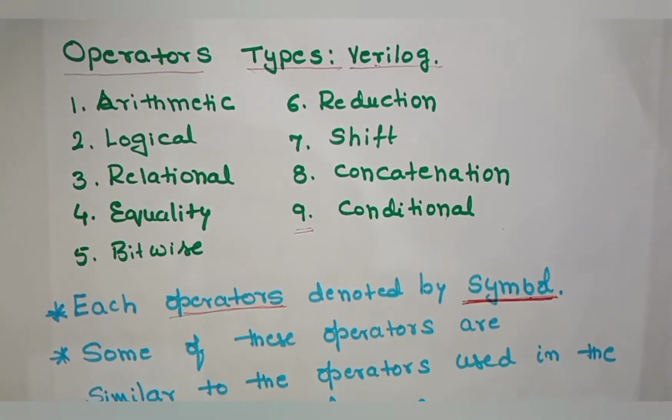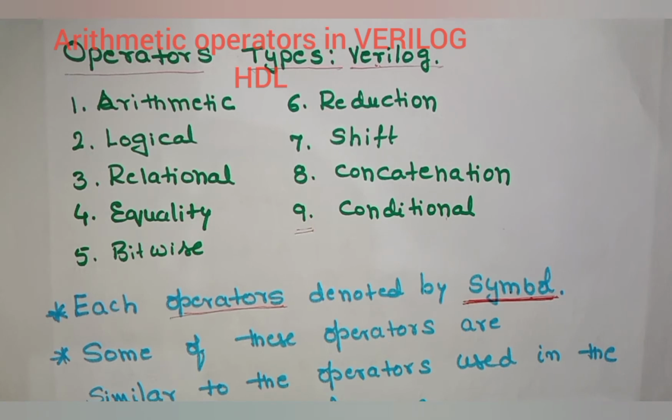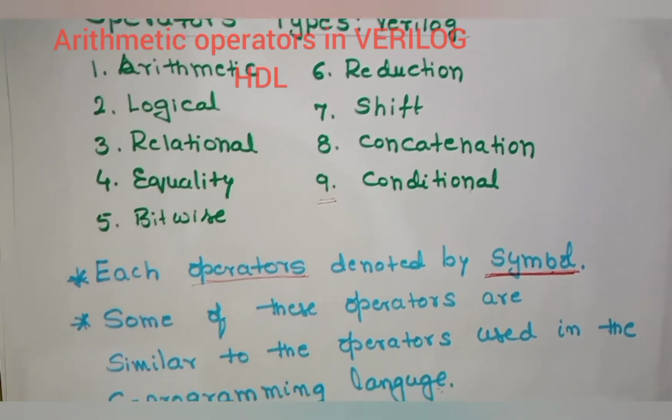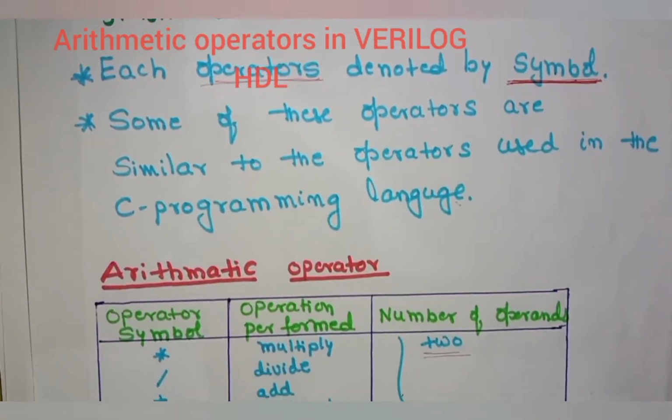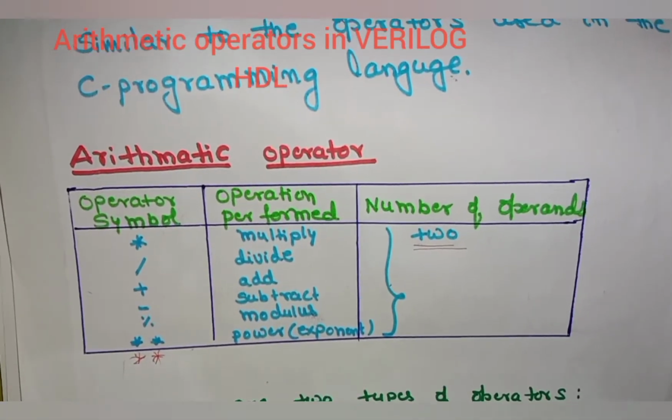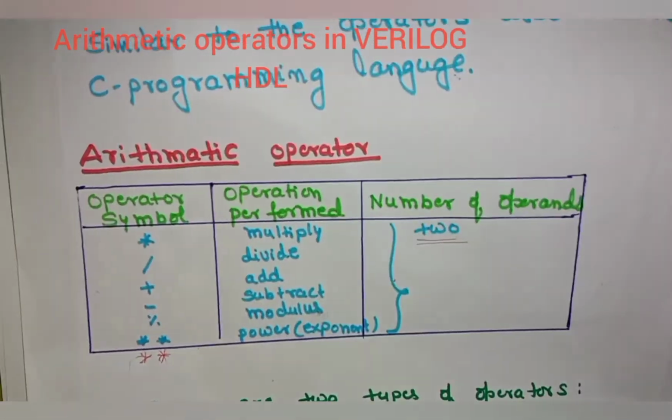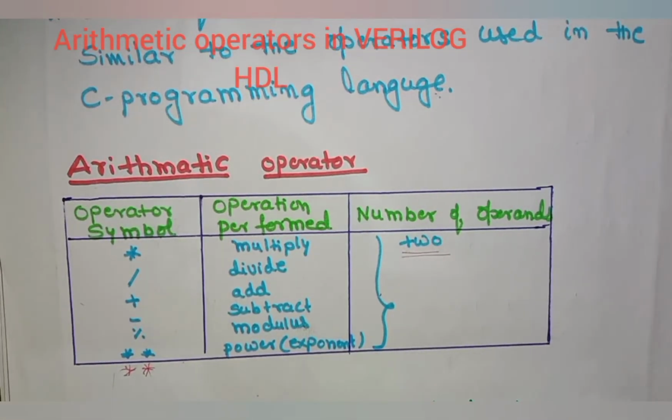So if you know the C language, it is very easy to understand. But if you don't know, it's okay, because you have already studied the operators in C. Each operator is represented by a symbol. Let us study the arithmetic operators.